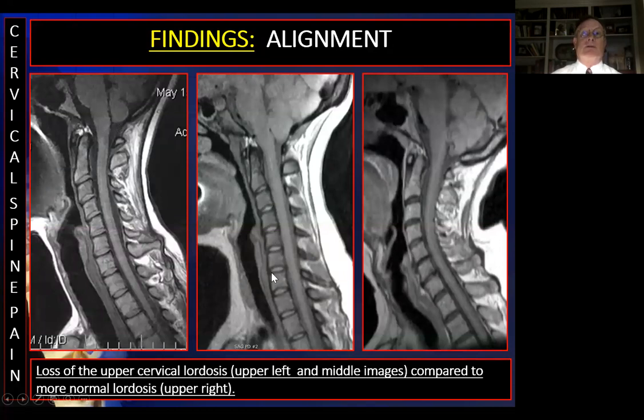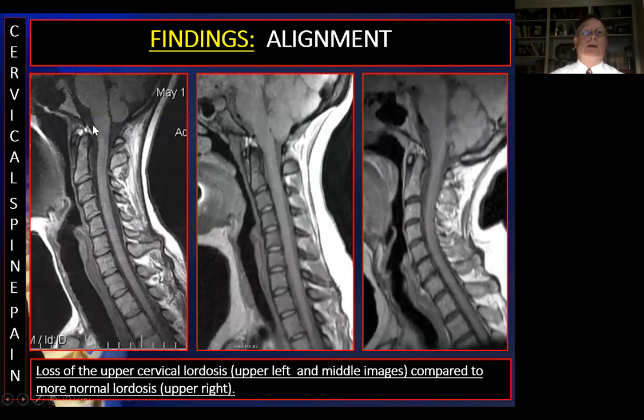This is actual reversal here, and notice how you see this tear of the tectorial membrane on the proton density image. It's not as well seen on this T1 image because CSF is pretty dark, and on T1 you can't see the contrast between the tectorial membrane and the CSF.